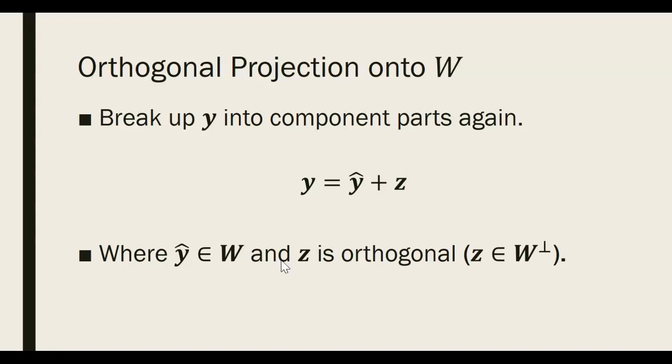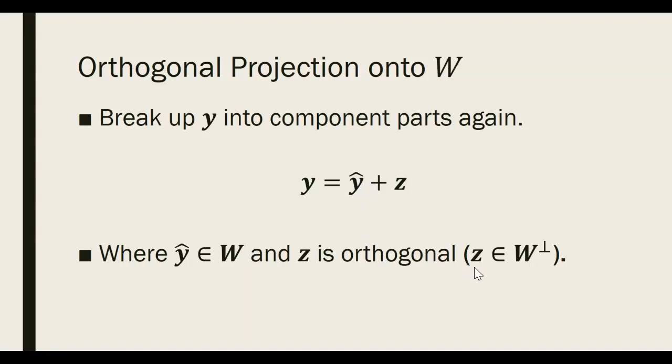Just like we broke up y into component parts before, where this y hat was the projection of y onto u, now we're going to make this y hat a projection onto a subspace, onto W. And we're going to let our orthogonal component be orthogonal to that projection.